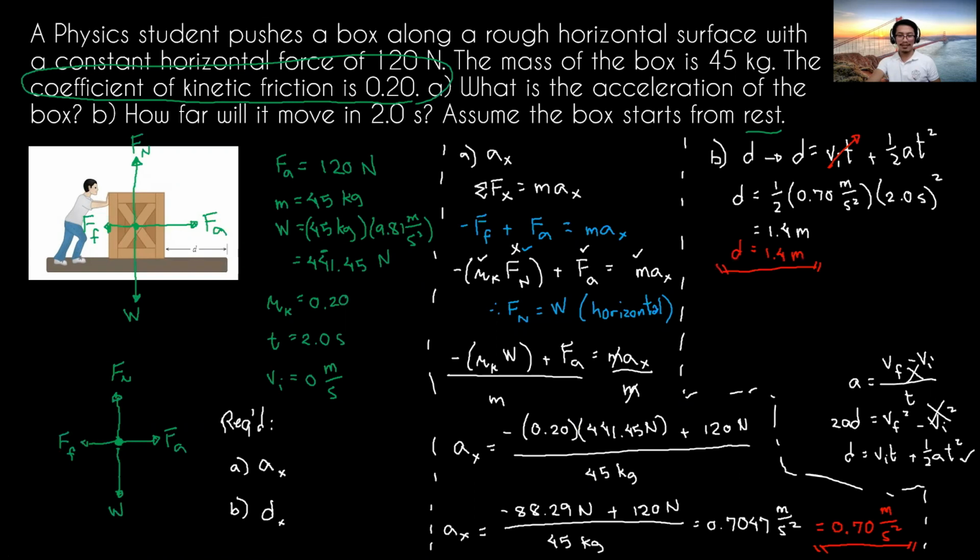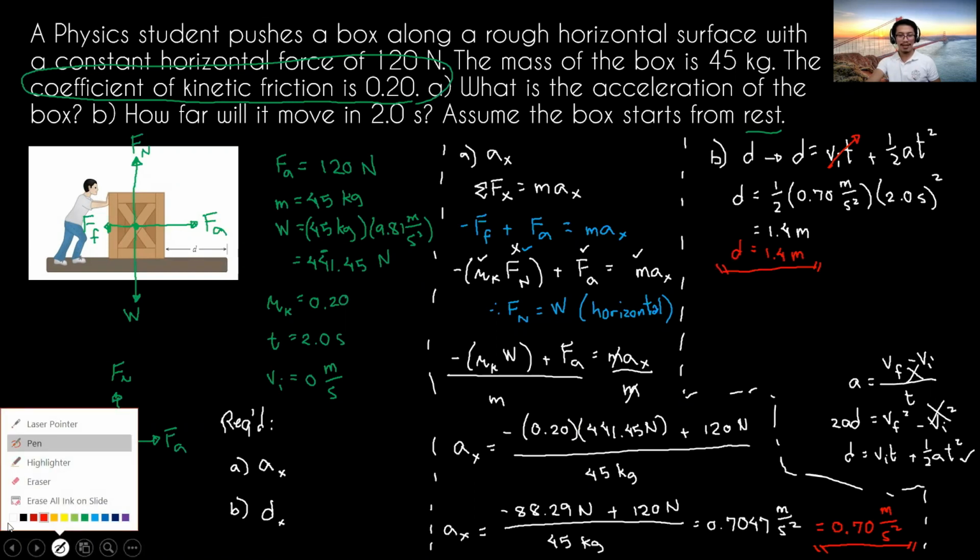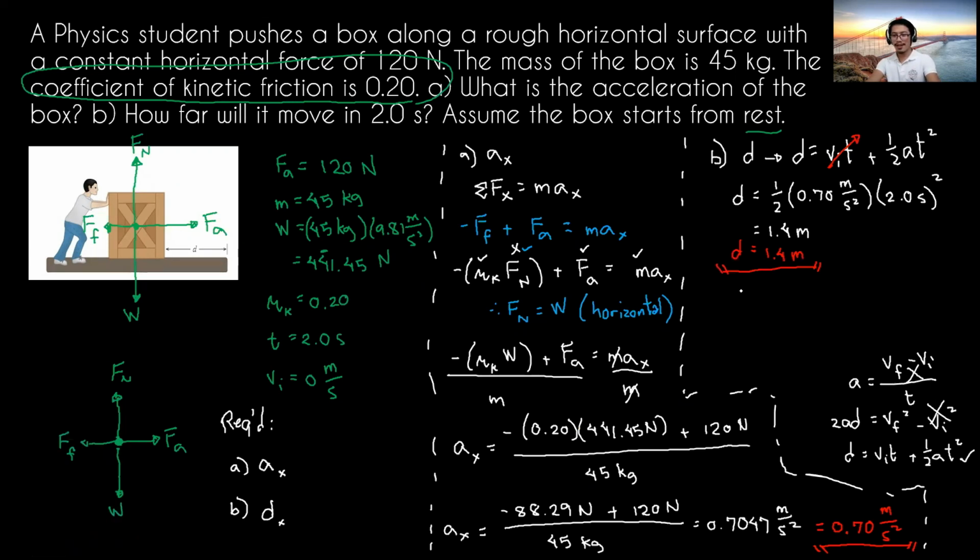Sir, sige daw, ipakita daw, sir. What if ang gagamitin ko is yung exact? Sige. 1/2 times 0.7047 meters per second squared times 2.0 seconds squared. Remember, dalawang significant figures lang yan.